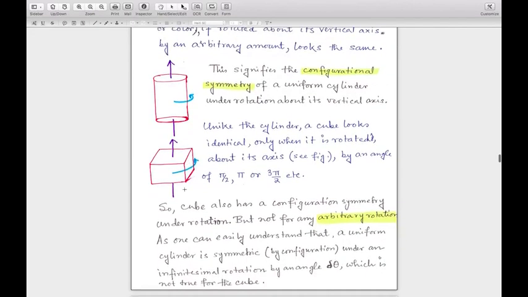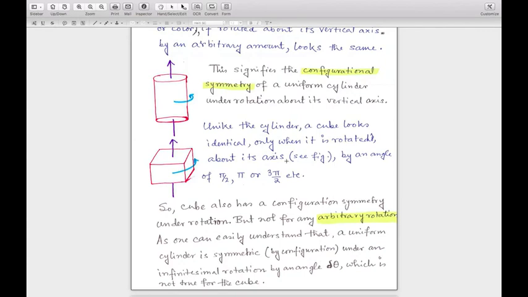But let's say we have a perfect cube, also without any spot, without any damages. Then the cube need not necessarily look identical when it is rotated about an arbitrary angle about this vertical axis.